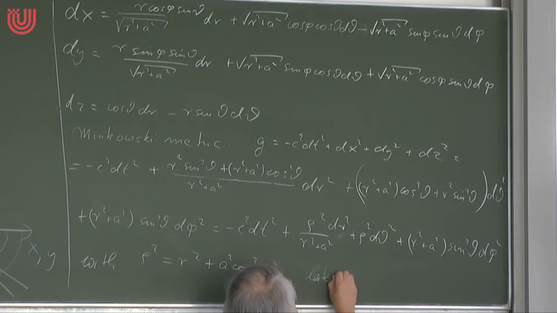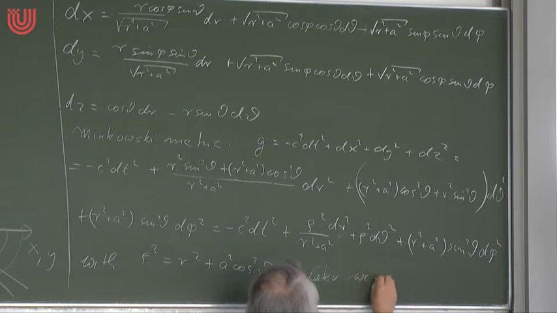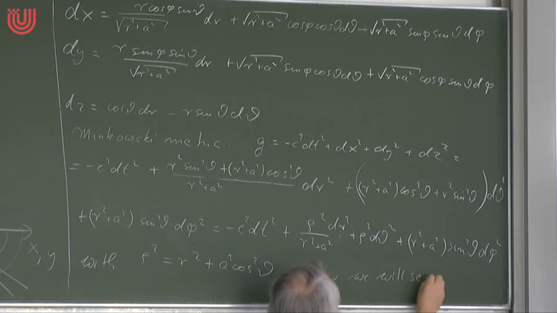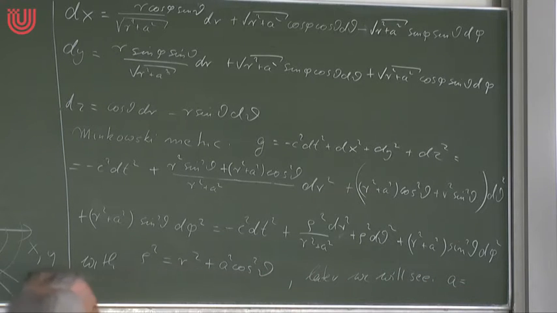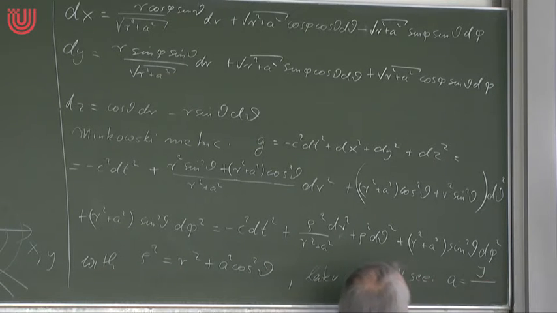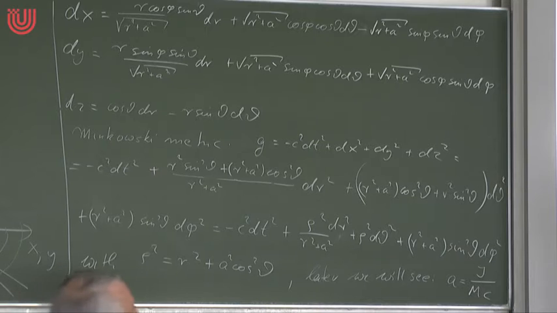So let me just anticipate that this A must be a length and it should be proportional to the angular momentum. Now the question is, how could you make out of the angular momentum a length? Well, you divide by the mass times the speed of light. If you check this, you will see that the dimensions are correct.